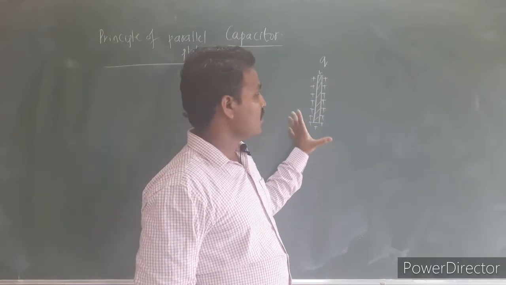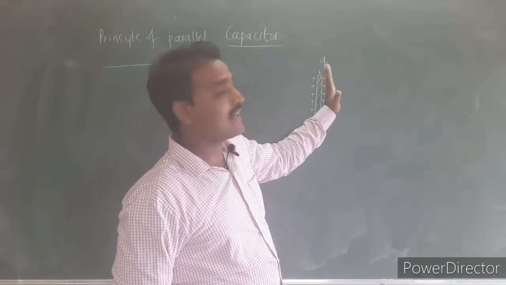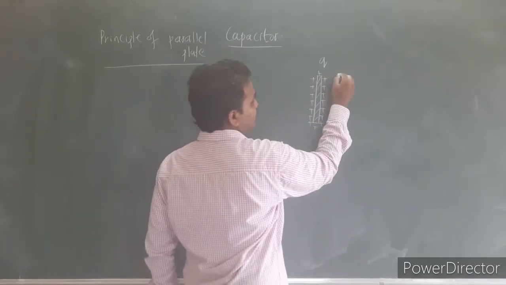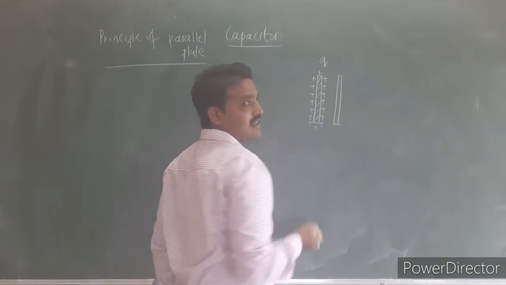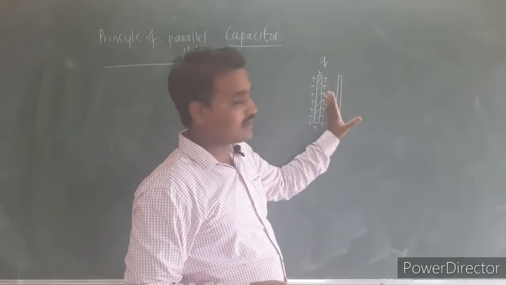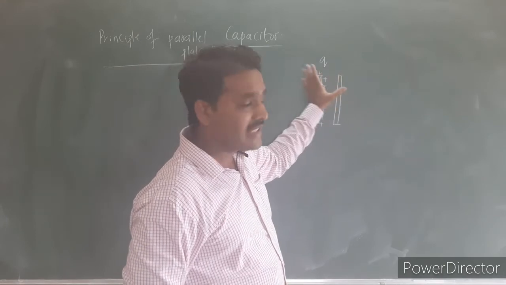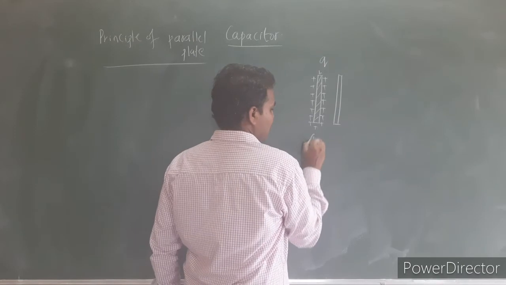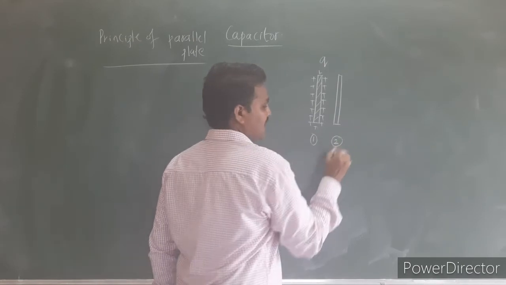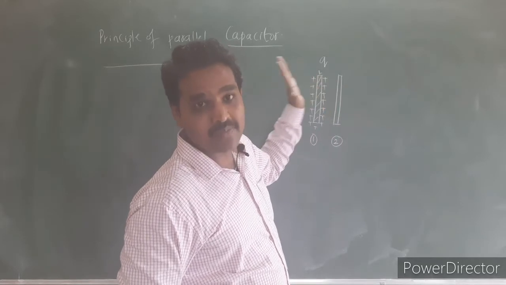Now what we shall do, let me bring another similar identical metallic conductor here of the same shape and size. When this metallic conductor is placed very close to the first surface, let us consider this is the first plate, and another metallic plate too is brought very close to the first plate.